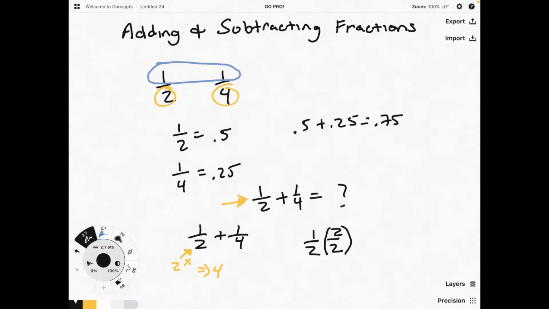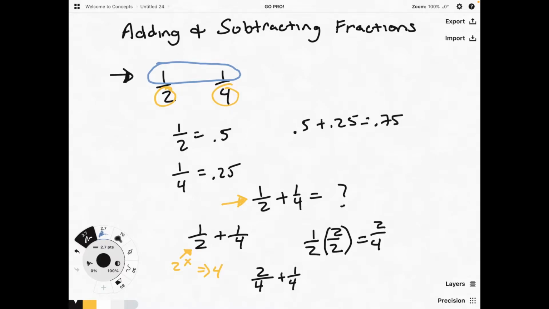However, if we do 2 multiplied by 2 to get us 4 on the bottom, we also need to do 2 multiplied by 1 to give us 2 on top. So now we can rewrite the problem as 2 divided by 4 plus 1 over 4.